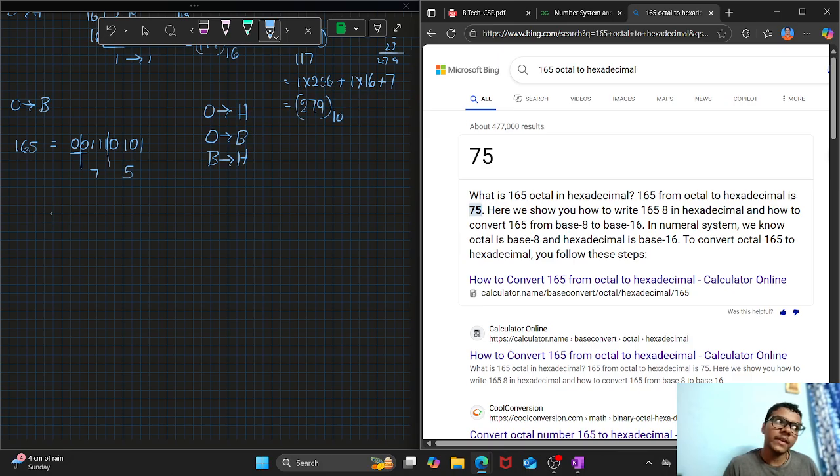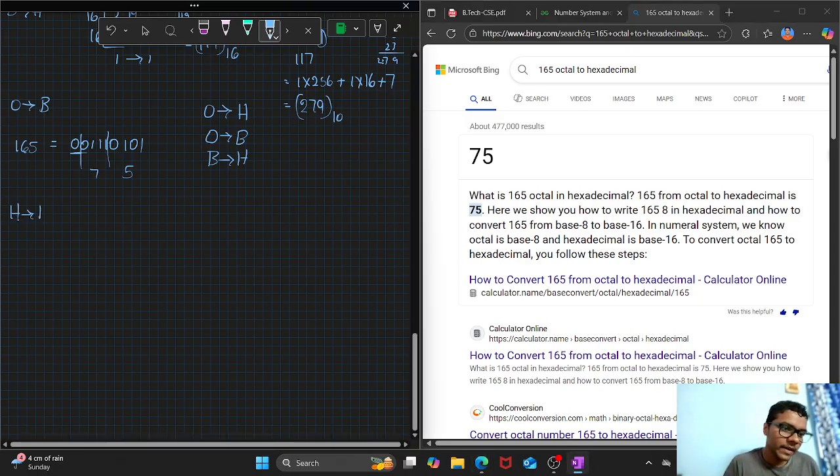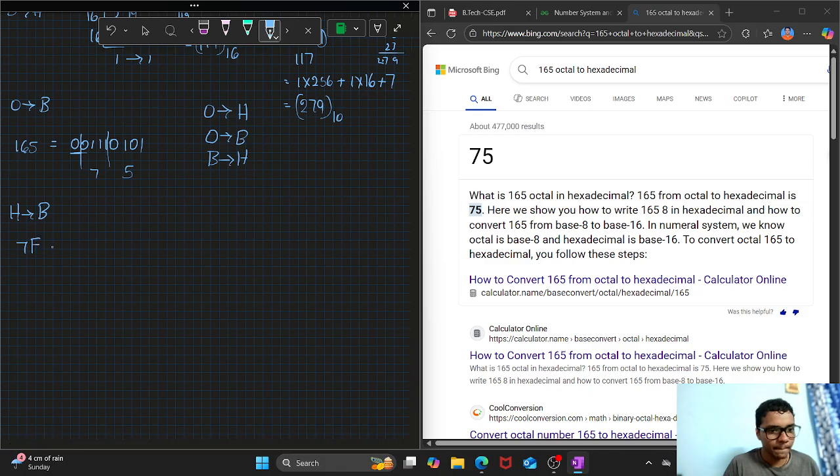And octal to decimal is over. Octal to binary is over. And now hexadecimal to binary. Consider 7f. Right? Just what is the thing for f? That is 1111. It is 15, right? And 7 is 0111.